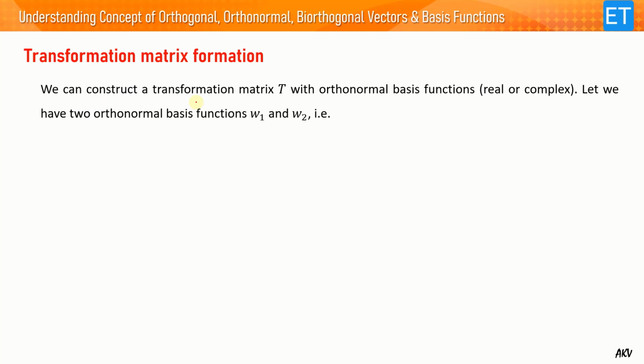So we can construct a transformation matrix T with all these orthonormal basis functions, maybe either real or complex. So let me have two orthonormal basis functions W1 and W2, right? I'm considering just these two vectors W1 and W2 in two-dimensional space. That's why their length is 2 by 1 and 2 by 1, AB and CD.